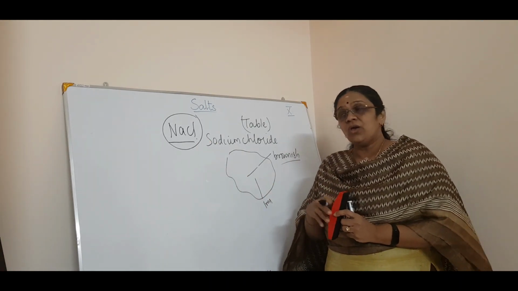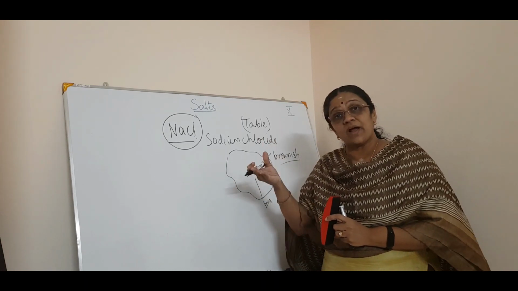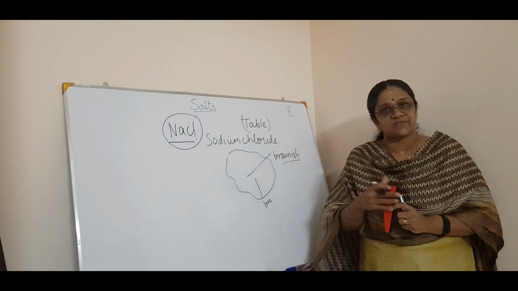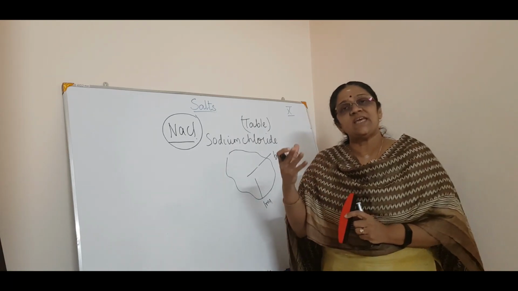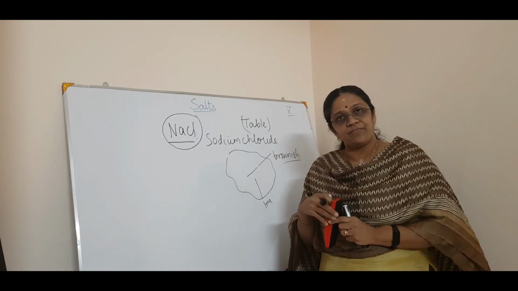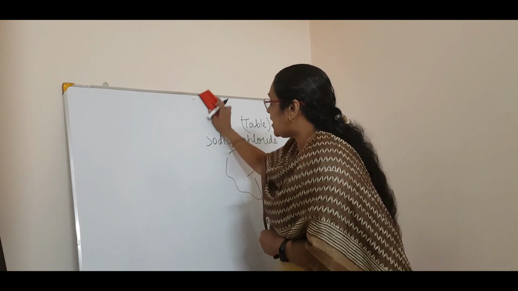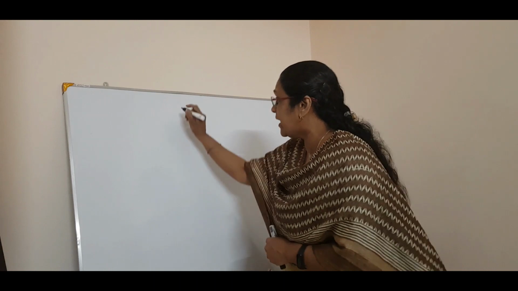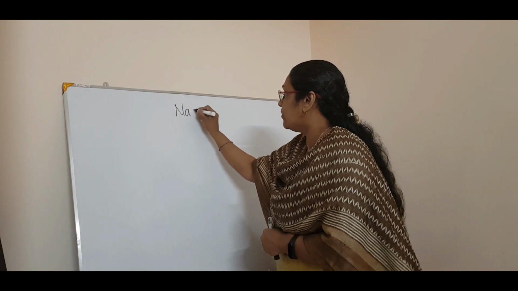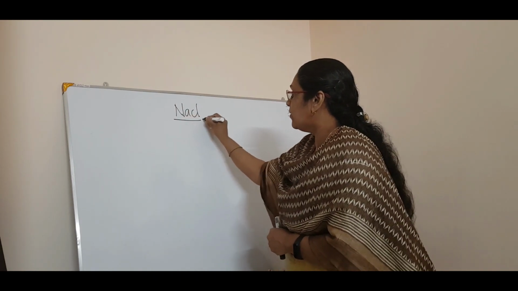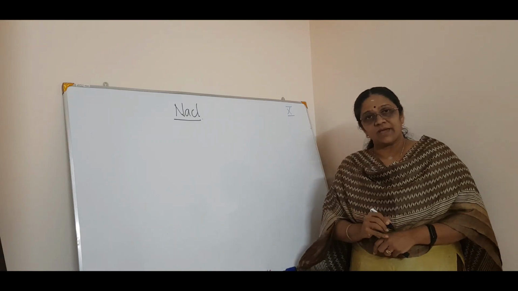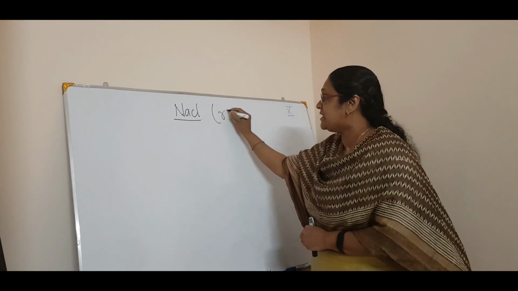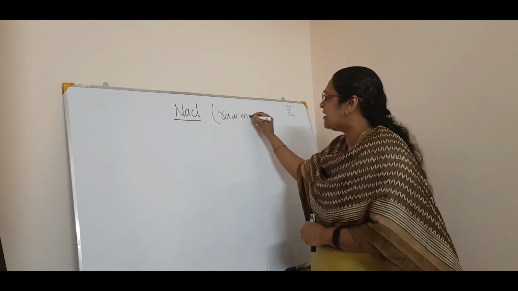Or you can use sodium chloride as a raw material for so many other useful substances, which we can see in our day-to-day life. Okay, so now we will start with sodium chloride as a raw material.